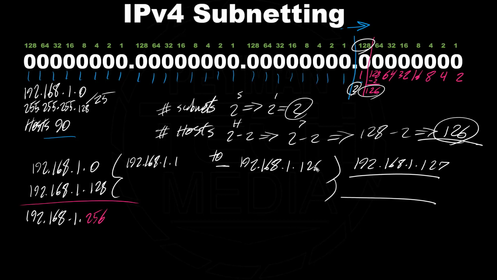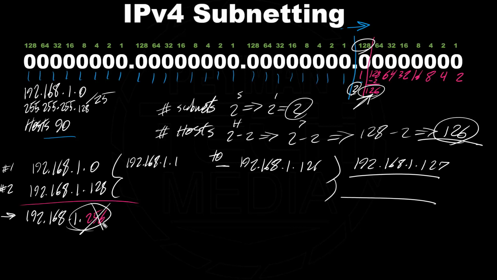So 1 to 126, and here we can see 126 available IP addresses per subnet. How many subnets? Two subnets. This is subnet number 1, subnet number 2. And here, of course, not valid, because if we continue incrementing by 128, we get 256.